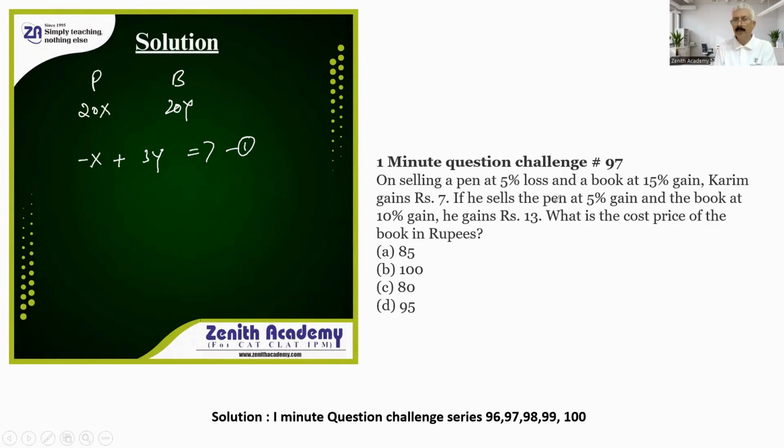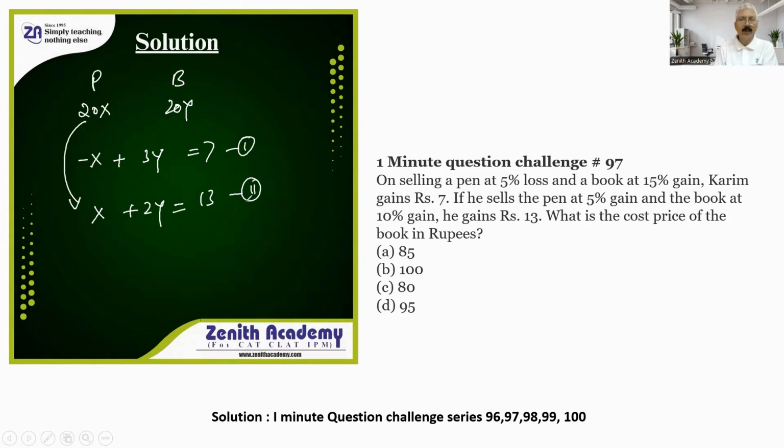Condition is if you sell the pen at 5% gain, so the gain is x rupees. And the book at 10% gain, so 10% is 1 upon 10 of 20y, which is 2y. So the total gain is given equal to 13 rupees.